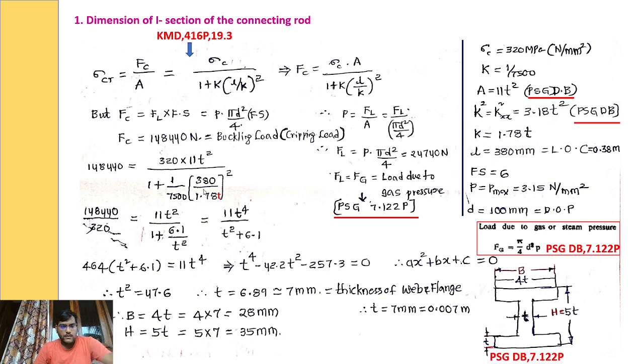So substitute the same value here, 1.78 t. Then after that we can simplify easily. See, 148,440 by 320 into 11 t square into 1 plus, after simplification you get 6.1, by 1.78 t whole square, so t square. This is a simplified form.